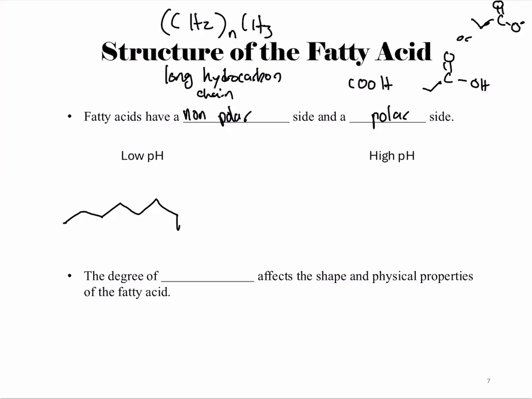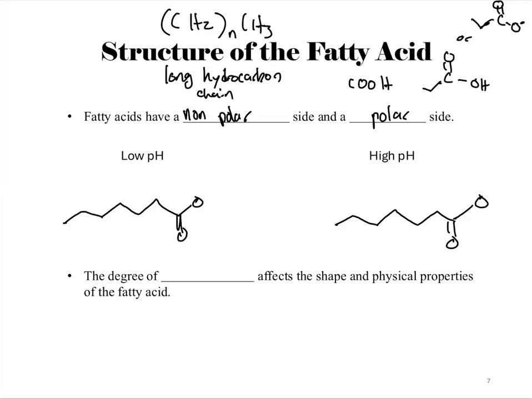And so at low pH or high pH, the structure of the fatty acid is different because in both of these cases we're looking at the protonation state of this oxygen. So this is the same thing as we looked at the protonation state of the different amino acids, the C terminus and the N terminus. At low pH, when the pH is low, we favor which form of the fatty acid, right? And this is true for any functional group, right?